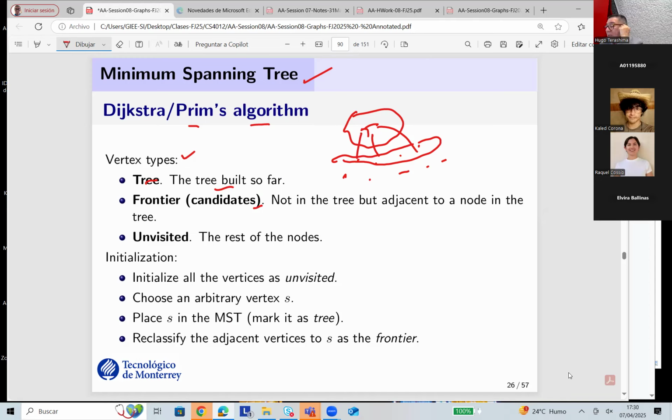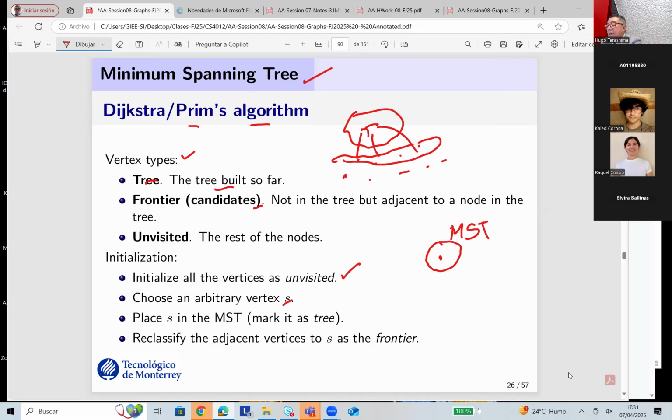So the algorithm is going to work as follows. Initialize all the vertices as unvisited. Choose an arbitrary vertex S, right? Place S in the MST. So the MST is going to start with just one node, an arbitrary node that you chose from the unvisited ones, right?